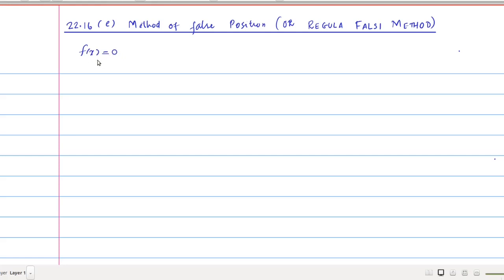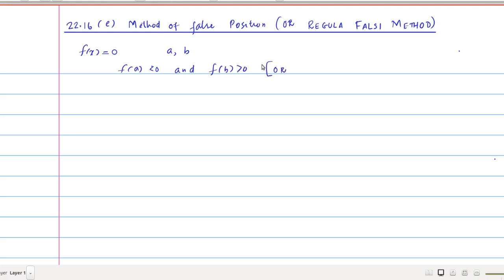First of all, we have to find two consecutive integers a and b such that f of a is less than 0, and f of b is greater than 0, or vice versa.